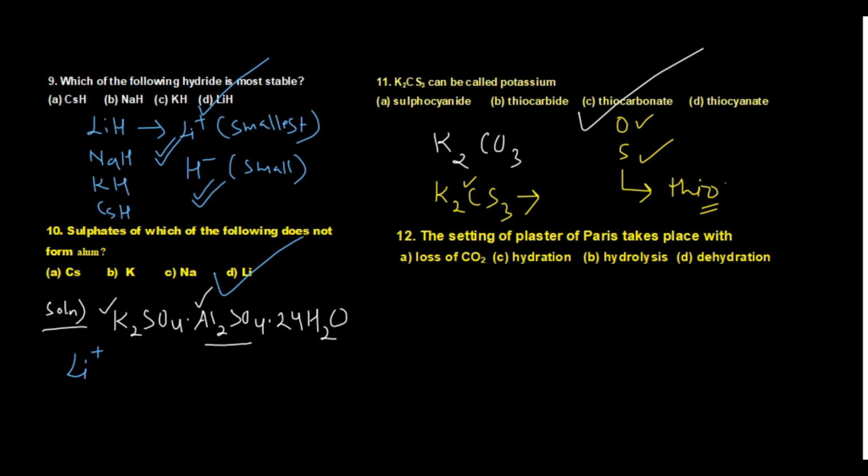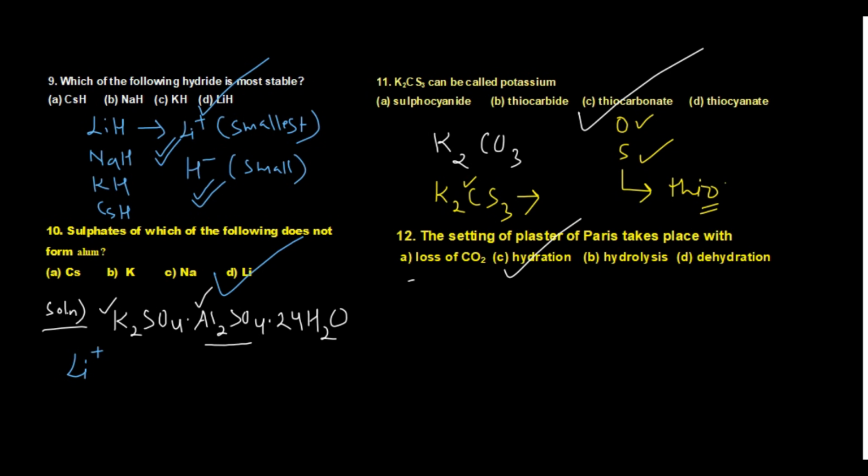If you have studied cement chemistry in class 12, then you know the setting of cement occurs through the formation of gypsum, and the formation of gypsum takes place by the process of hydration. So your correct answer should be hydration, that is option C. But let us check how we can solve the problem.